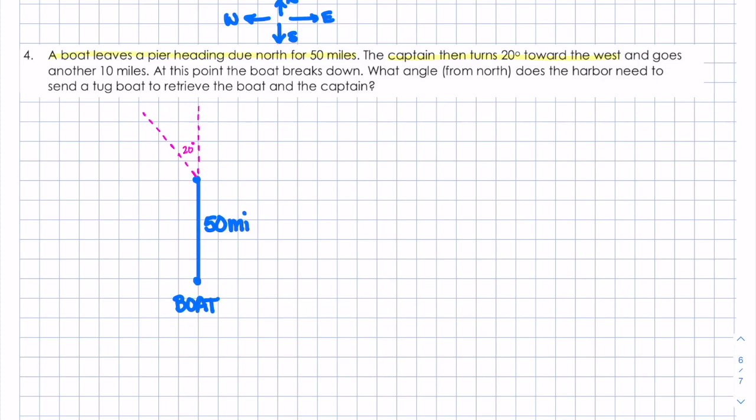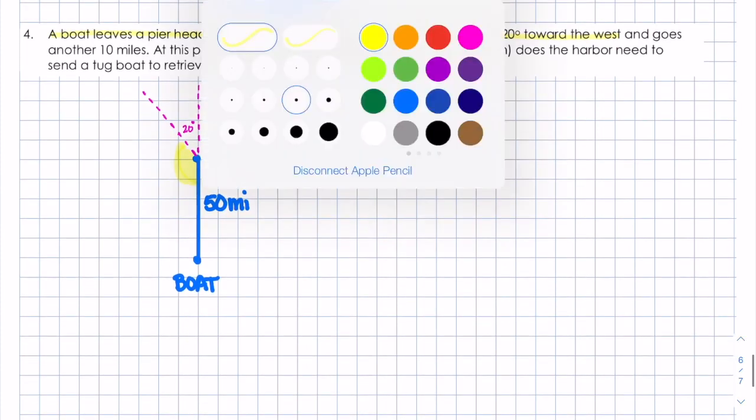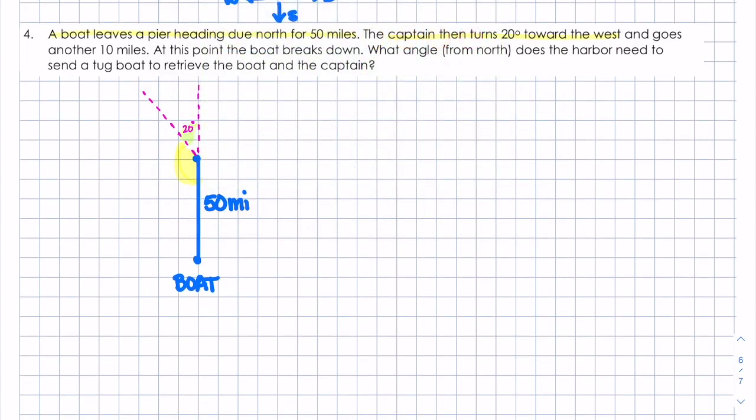And again, similar to that first example, we could also figure out this angle in here, using the same approach we did on example 3. These two angles should add up to 180, right? So if I already know 20 of it, then I can do 180 minus 20, and that'll tell me that angle right there.